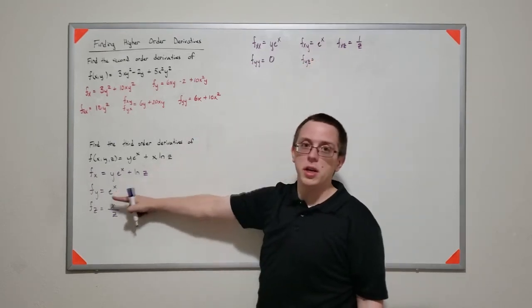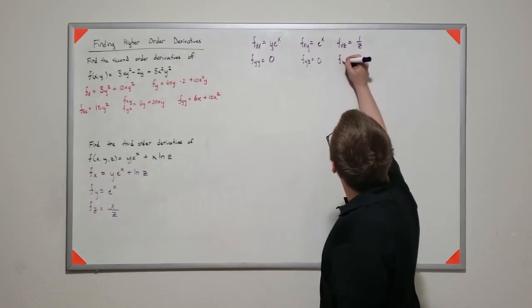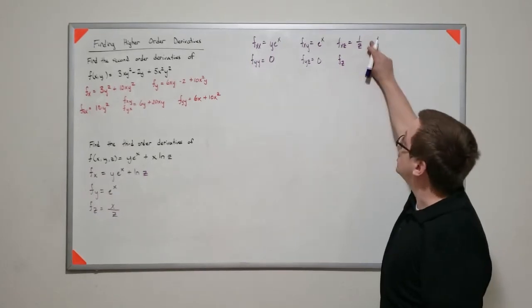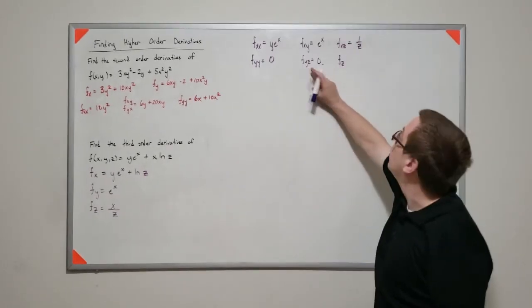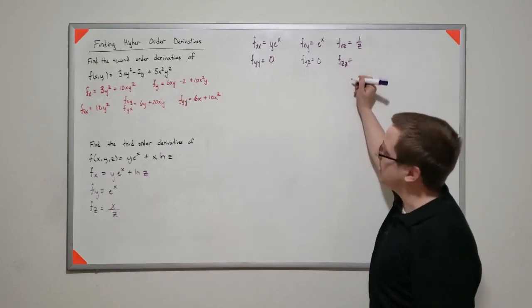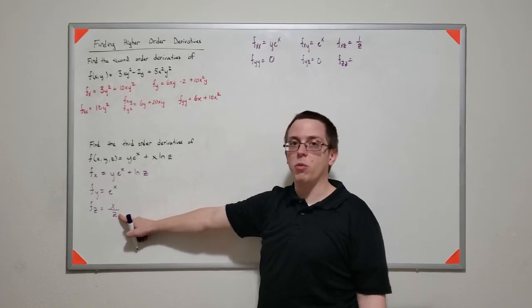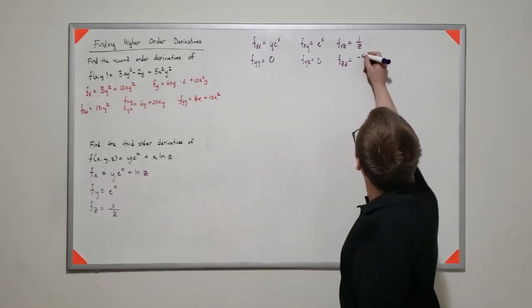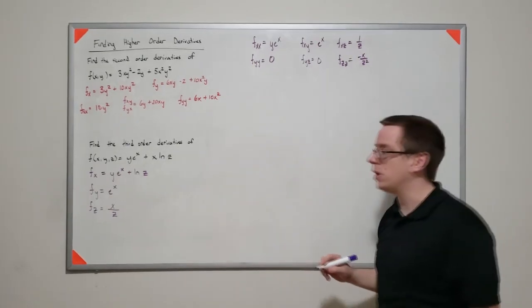Well, there's no z's here, so that's 0. And then fz, I don't have to do fzx because that's here. I don't have to do fzy because that's here. So I just have to do fzz. So again, x is constant, derivative of 1 over z is negative 1 over z squared. So that's our second partials.